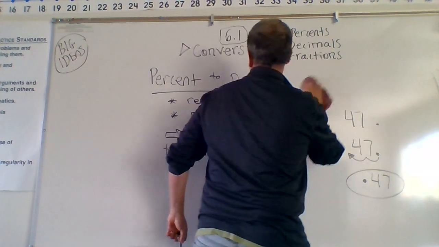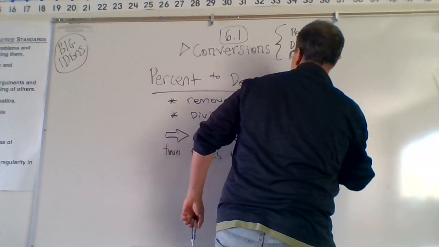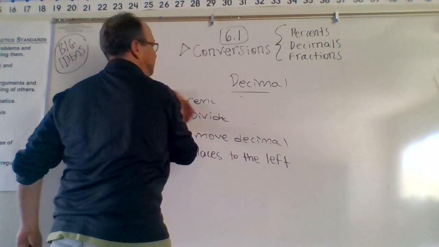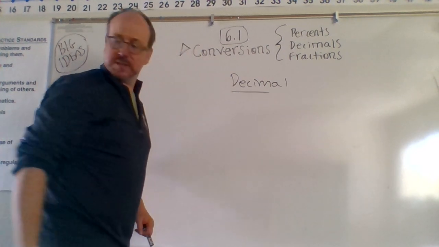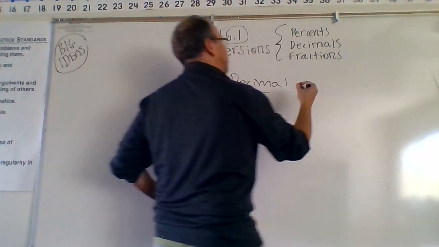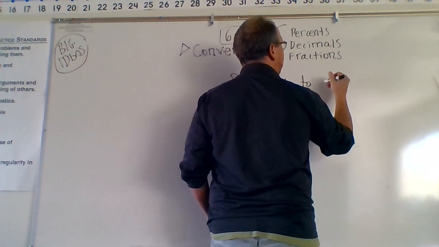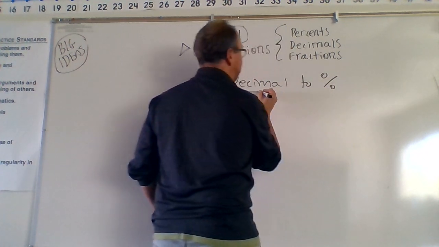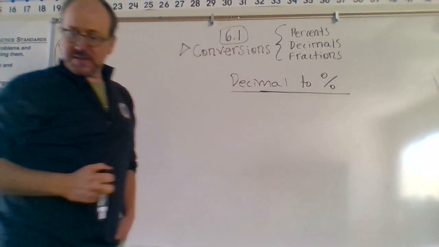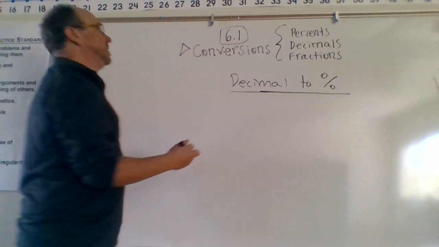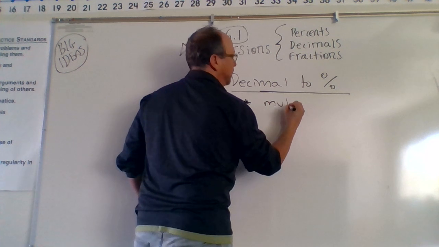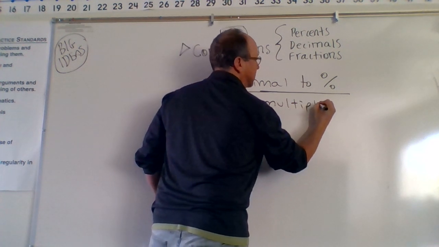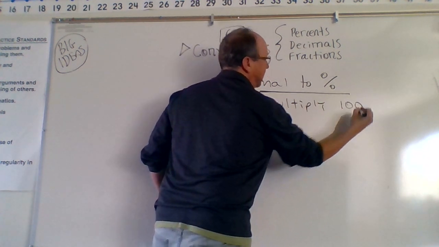Okay, let's talk about decimals to percents. And we'll look at a couple examples with that. So decimal to percent. The steps that we're thinking is we would multiply by 100. Sort of like reversing everything here, right?